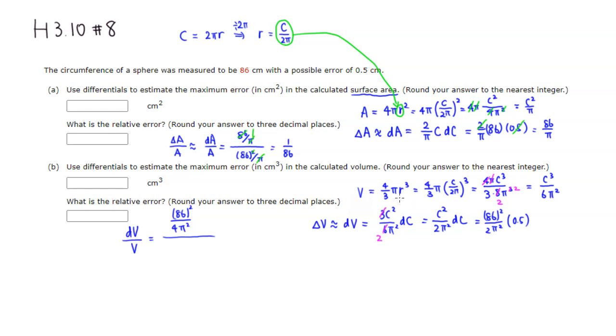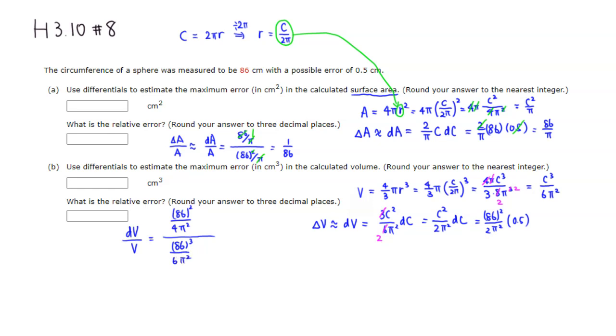And the V is going to be, oh, actually, no, that's not what I wanted. So here, the formula is actually, we have it here, so C would be 86 cubed divided by 6 pi squared, right?